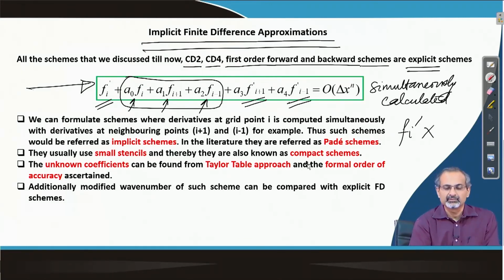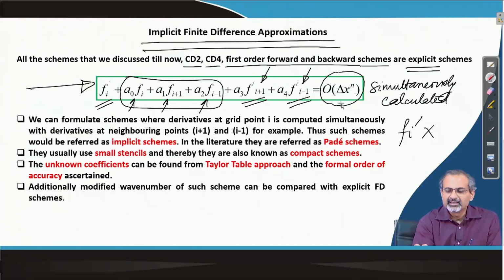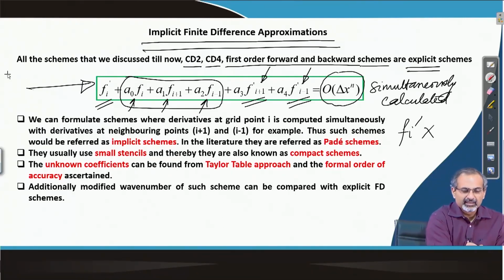This will not be possible, because there are more derivatives involved here in this equation. And of course, we do not know what is the formal accuracy of this approximation, but that is a question that we need to look at later. Right now, we are just trying to figure out where this implicitness comes from.